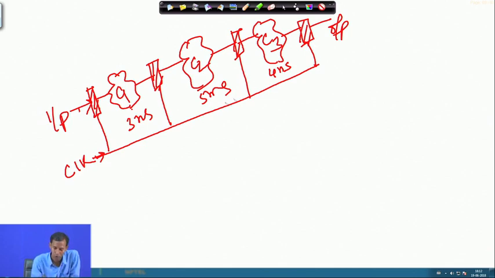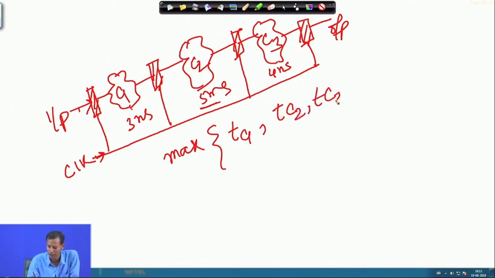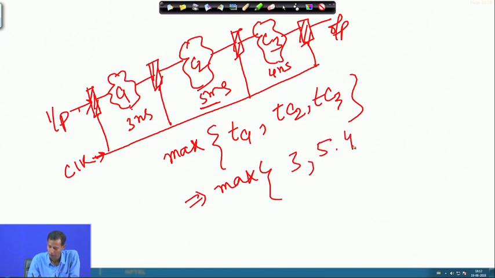The minimum clock period which I set is the max of the delays TC1, TC2 and TC3. That is max of 3, 5 and 4, which is 5 nanosecond.